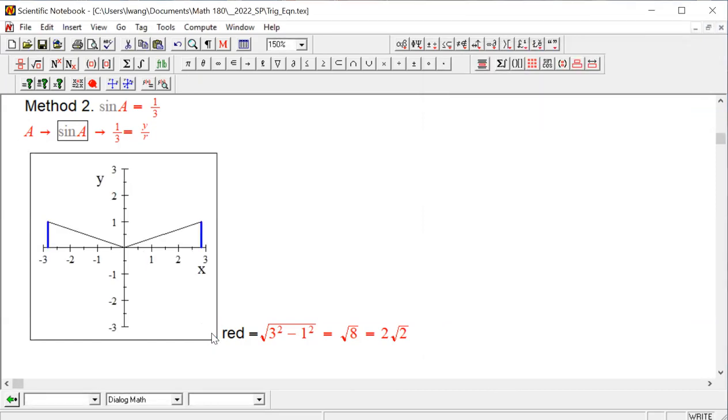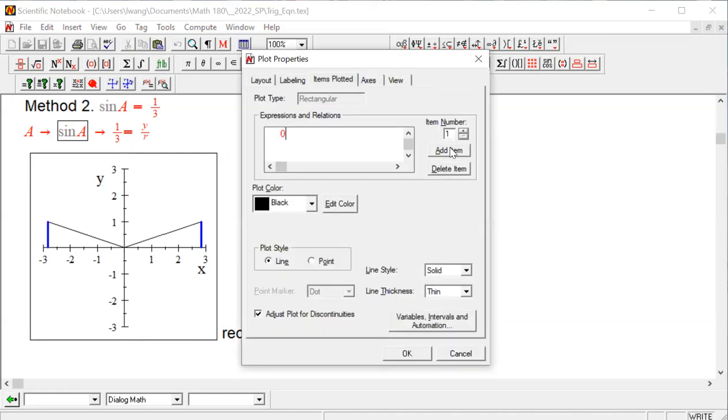And if I want to mark the red, some of these things you don't need to do, but I'm just giving you a perspective, because some of these aspects can be very useful too. I'm drawing the red. The red is going to be root 8. You see, all of these can be done.